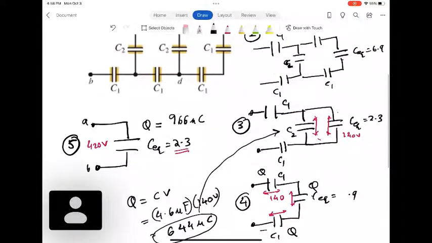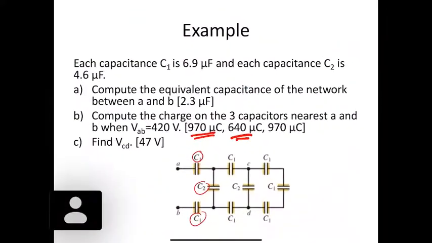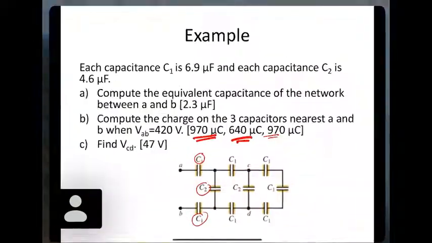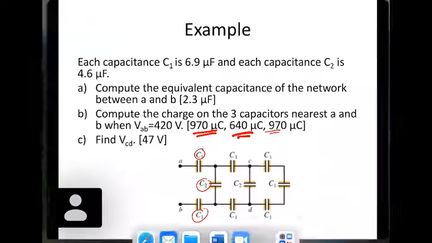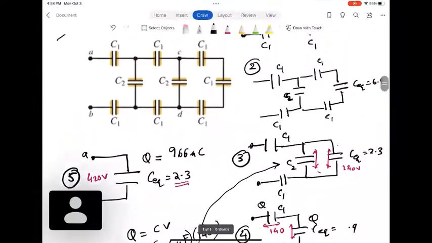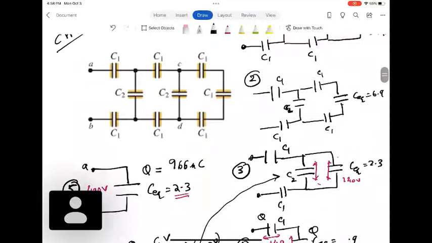Okay, so now the next thing we need to do is, so we figured out everything over here. We now need to find the potential difference across CD. Okay. All right. Okay, so in order to do that, we need to go back from diagram 3 into diagram 2.